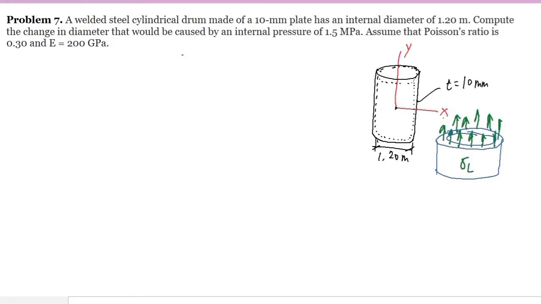In this case, this is equal to the stress in y direction.